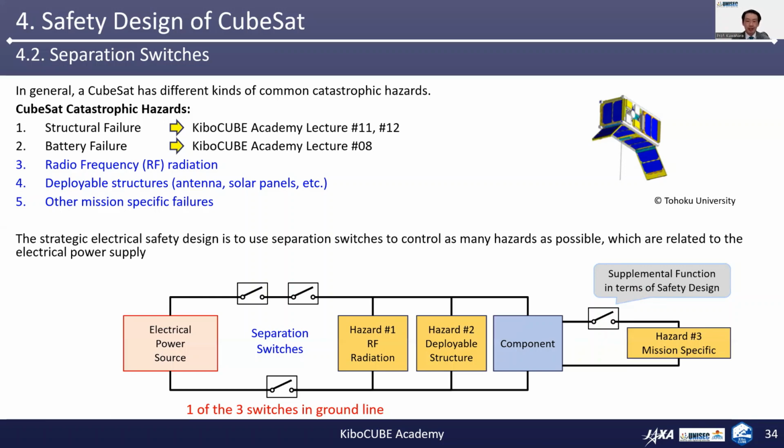By utilizing the separation switches in an efficient manner, safety design of the satellite system can be simplified. It is also important to note that one of the 3 inhibits is recommended to be placed at the ground return line as indicated in the figure.